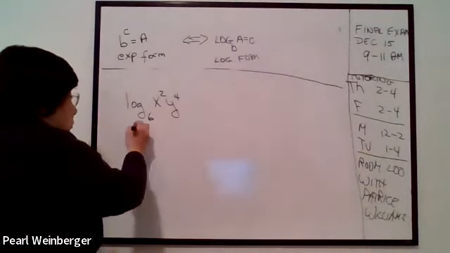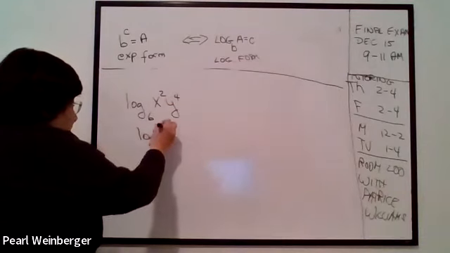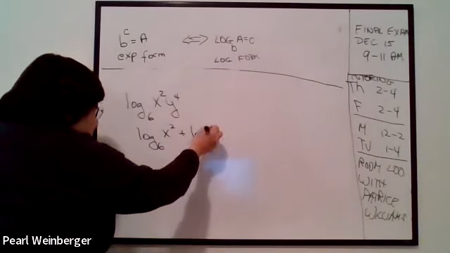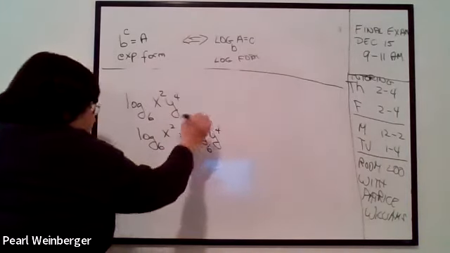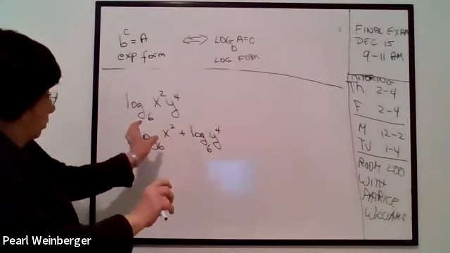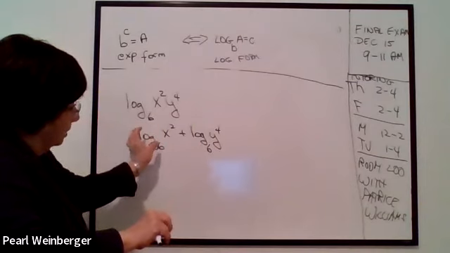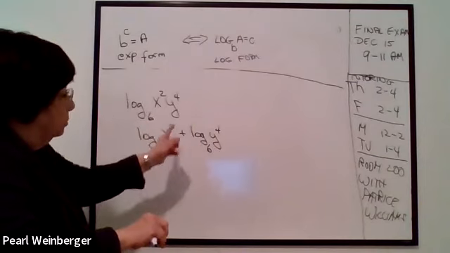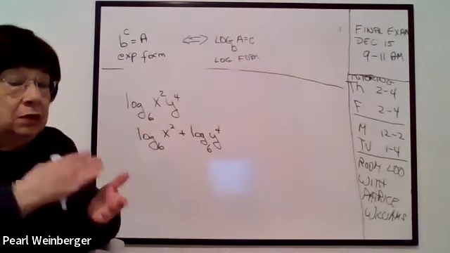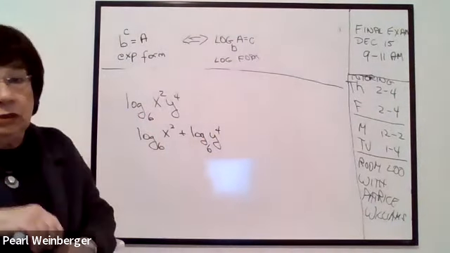So we're going to rewrite this as log base 6 of x squared plus log base 6 of y to the 4th. Now I have to write the word log in front of each expression because the log is telling me that we're talking about the exponents. So I can't just do x squared plus y to the 4th because that would be wrong. I'm multiplying x squared times y to the 4th, but what I'm doing to their logs, to their exponents, is adding them.